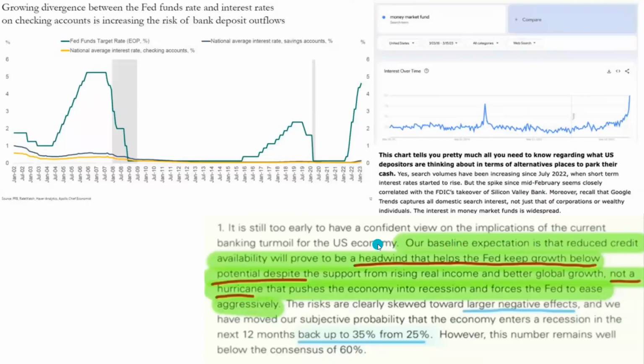Now, this is a big part of the reason here, right? I'm going to dive into it for you guys, but there's been a growing divergence between the Fed funds rate and interest rates on checking accounts, which is increasing the risk of bank deposit outflows. We have the Fed funds target rate, and then we have the national average interest rate for checking accounts. And you can see, guys, this is comical. The national average interest rate for checking accounts is just bare minimum.